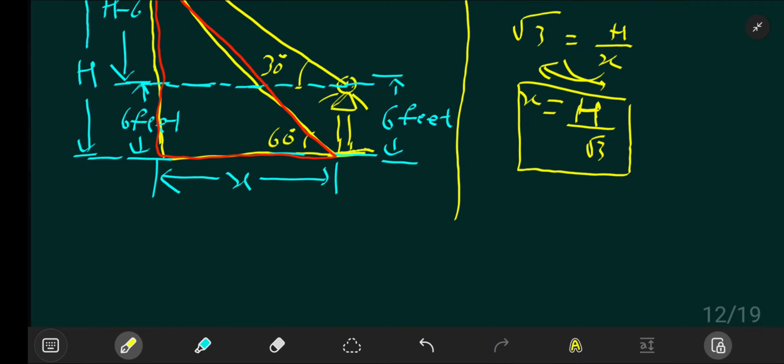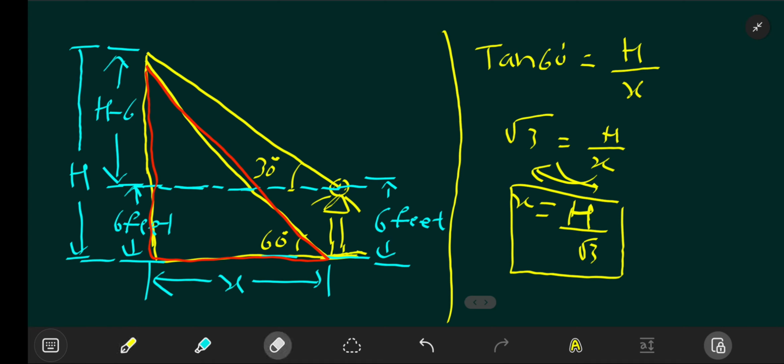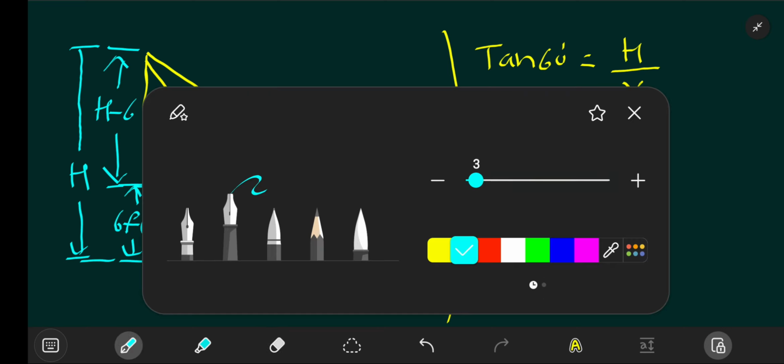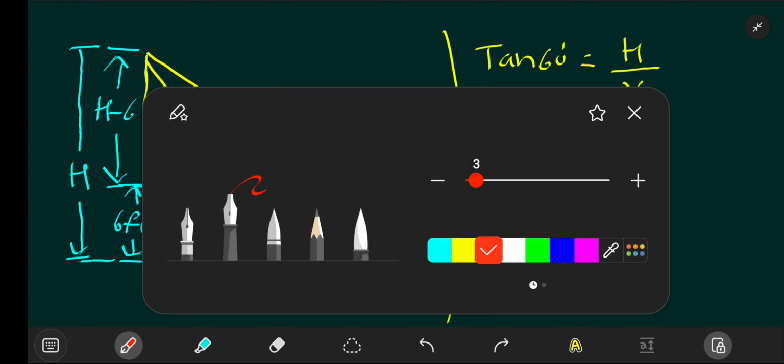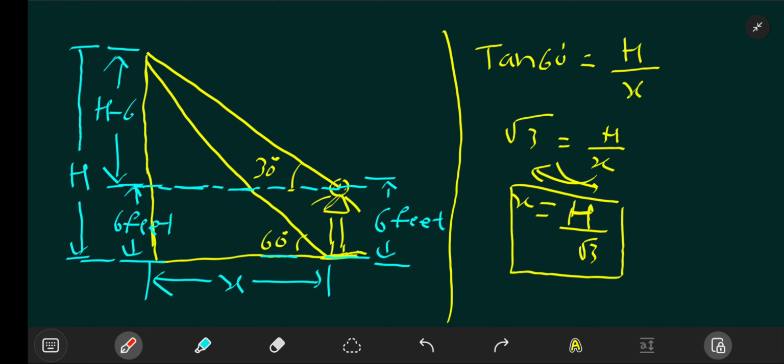Now if we apply tan 30 degrees, it takes this small triangle. The perpendicular side is h minus 6 and the adjacent side, the base, is x.